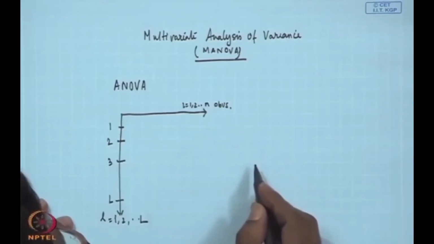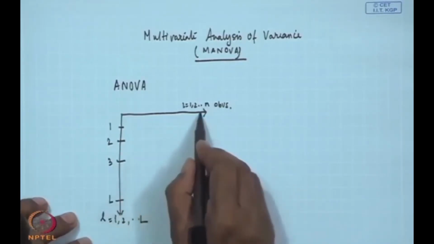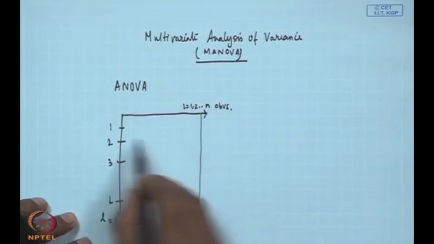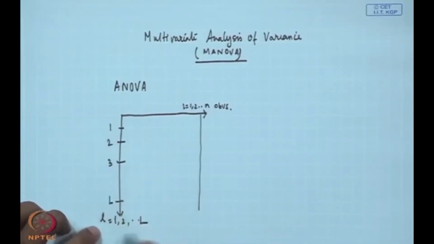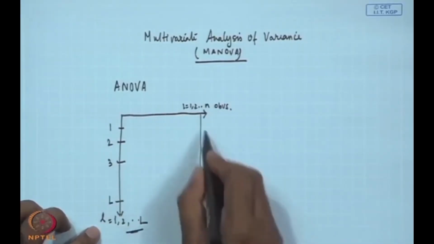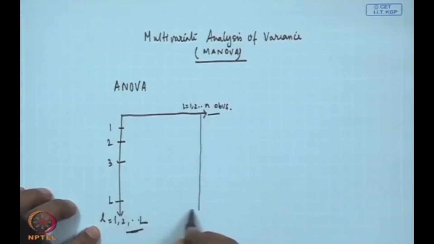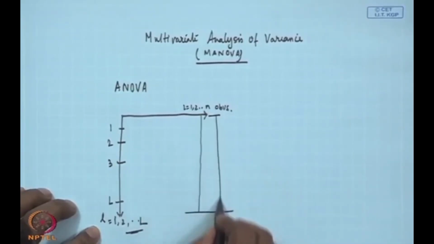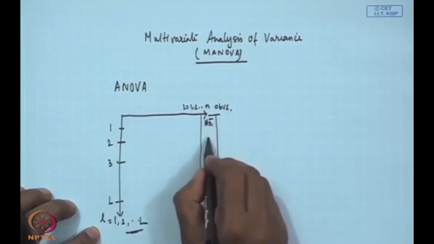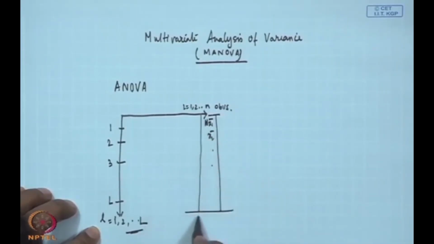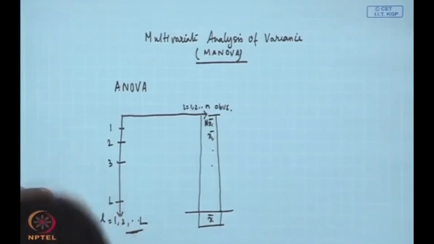You are interested to see the difference in population means, where the population is determined by L equal to 1 to L. Everywhere the mean value you will find out, x1 bar, x2 bar like this, then finally x bar, that is what we have seen last class.